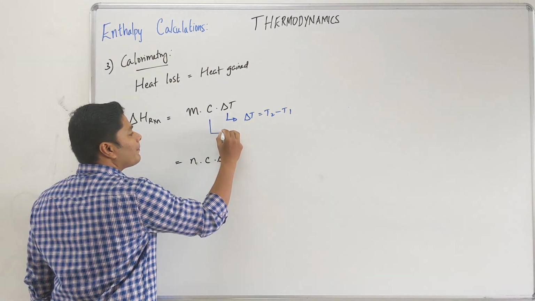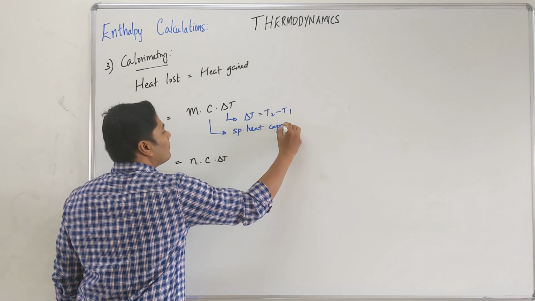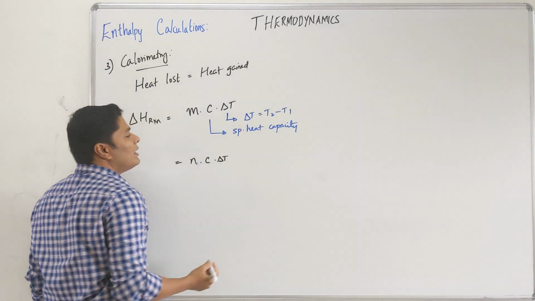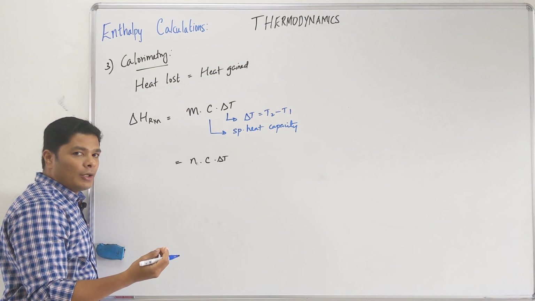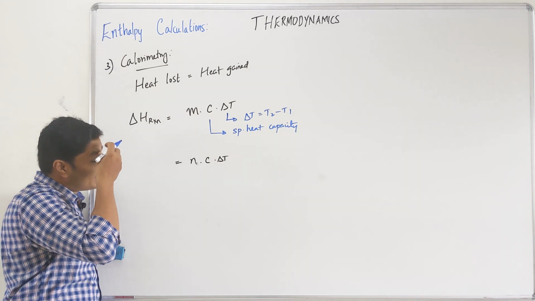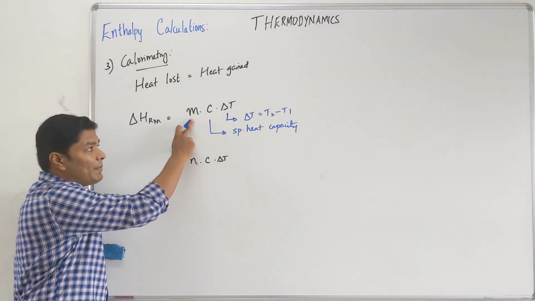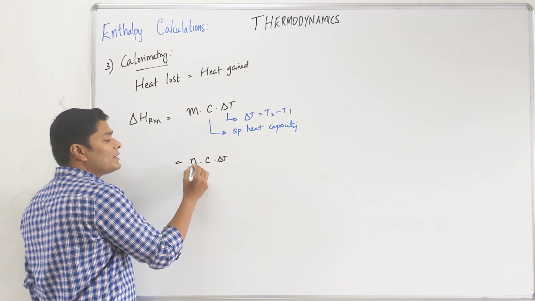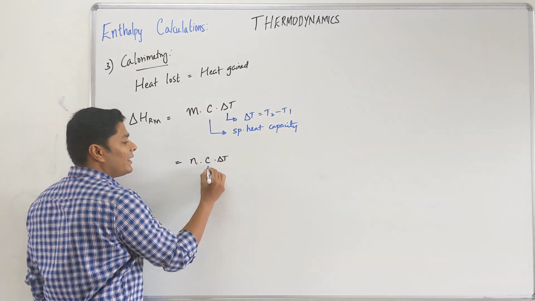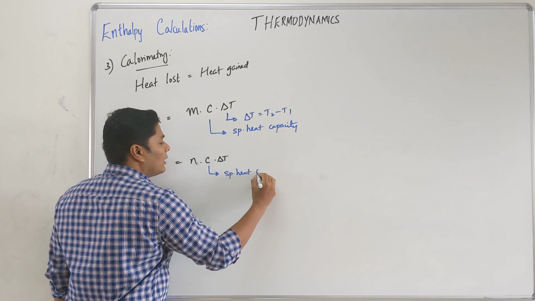C is specific heat capacity. Specific heat capacity is the amount of heat that you need to provide to increase the temperature of the given system, 1 gram of that, by 1 degree Celsius. Now, what is the difference between this specific heat and this? It is exactly the same in terms of what type of quantity.